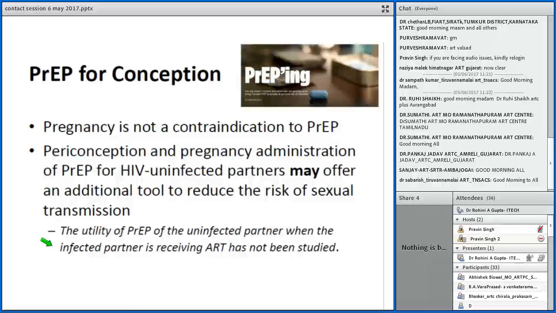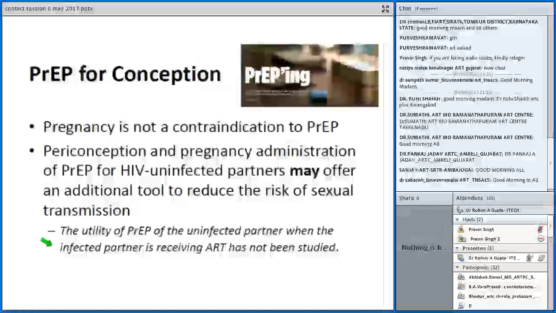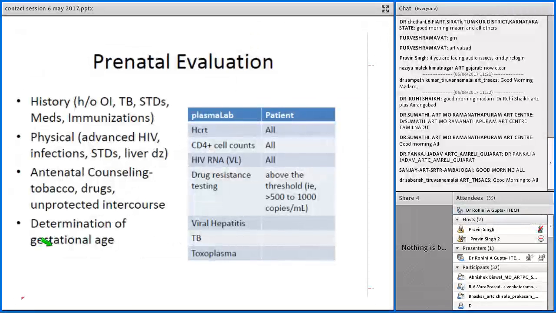Maybe it is possible, if some studies are done, that you may not require PrEP if the infected partner is on ART. But no studies at present are there. So PrEP for conception is a good option. This option is not available in our country. This is what is available in the US.